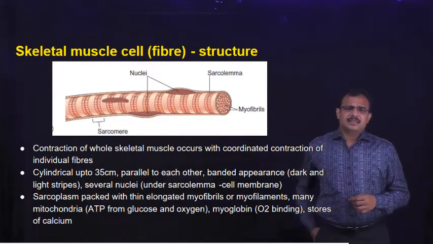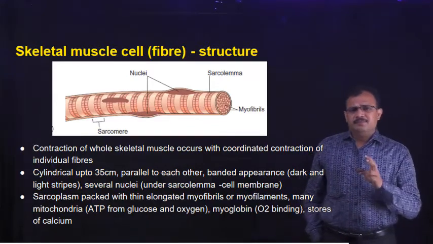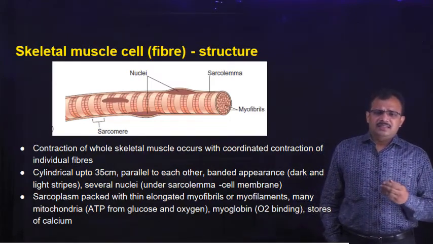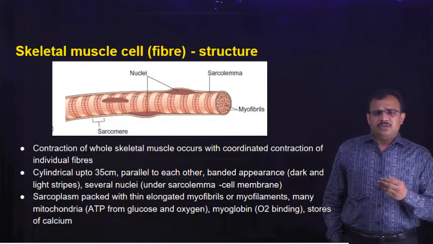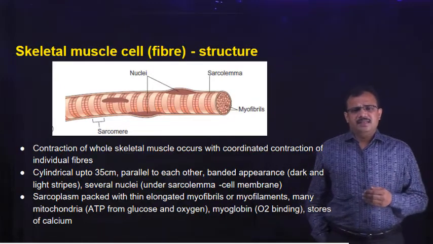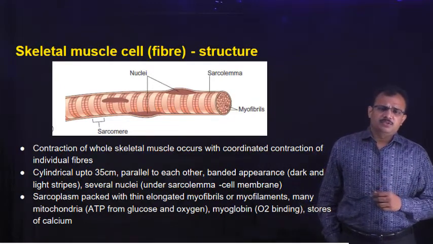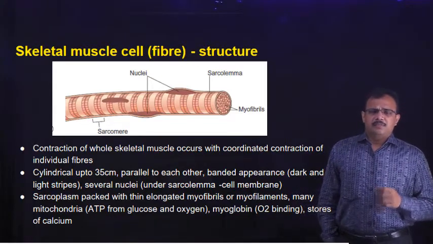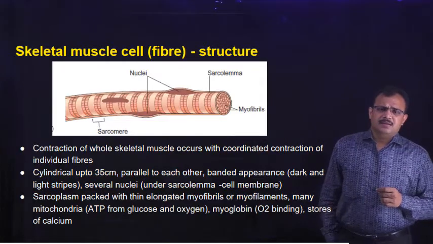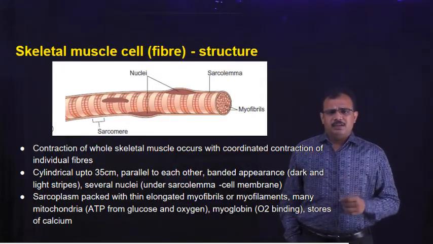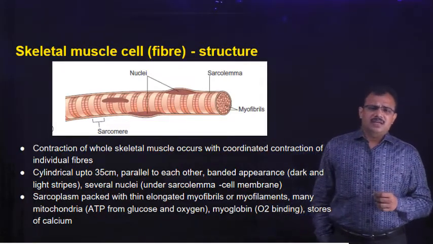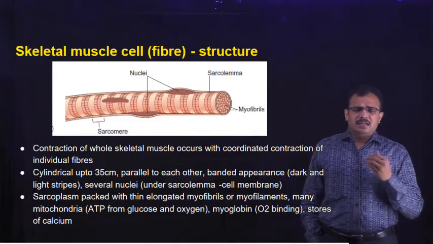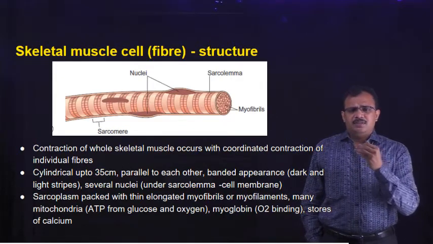We have seen that the skeletal muscle cell function is contraction, and for it to contract it requires energy, and this energy is produced by mitochondria, and ATP is the form of energy that is produced by mitochondria. And sarcoplasm is also packed with myofibrils, or these are also called myofilaments, and these myofilaments run elongated, or we can say continuously, from one end of the muscle cell to the other end.